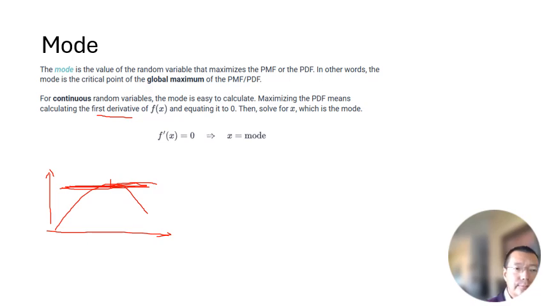Then this tangent line has slope f'(x). We set it equal to 0, then we can calculate x.